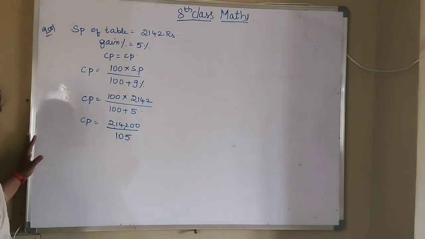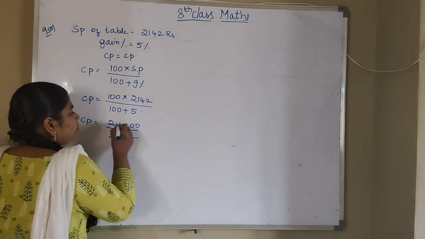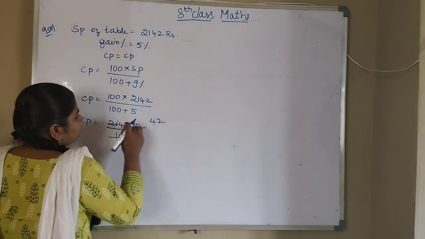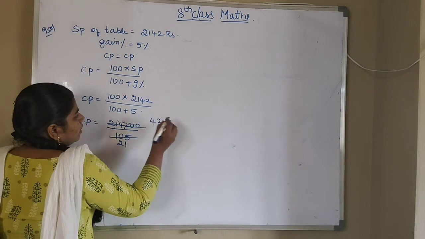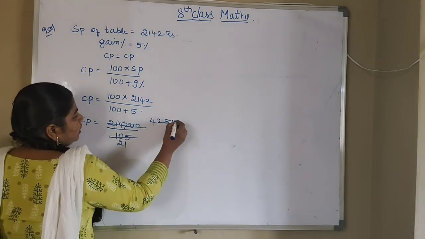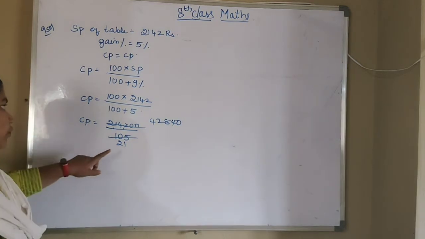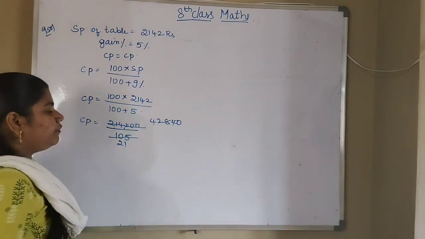105. Now you can do cancellation in 5 table. 5 21s are 105, 5 4s are 20. 5 2s are 10, 5 8s are 40, 5 4s are 20, 5 zeros are 0. Okay. Now here 21 is there, here 42,840 is there.